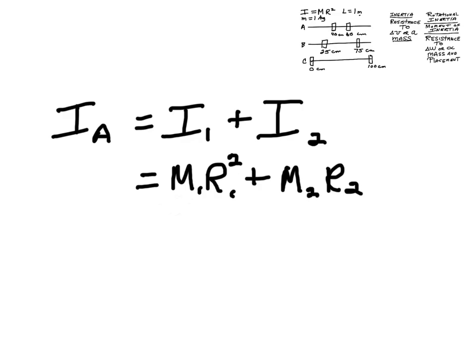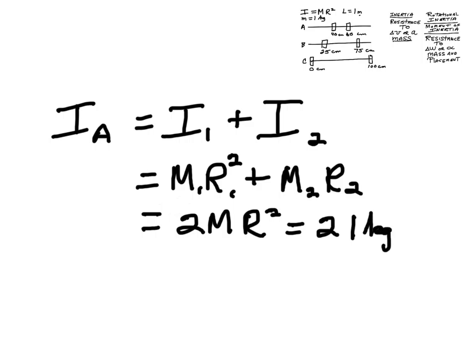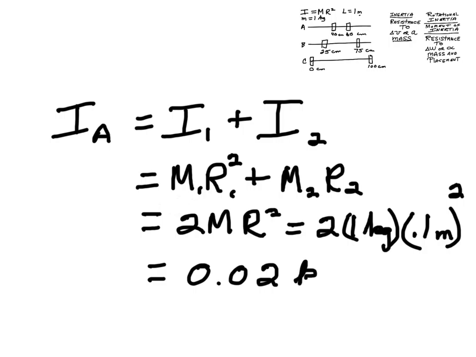But since the masses are the same and the distance is the same, we could just rewrite this as 2mr squared. That would be equal to 2 times the 1 kilogram for the mass, times the r. Notice the r in this situation is going to be 10 centimeters, so I'm going to put it in meters, 0.1 meters. That has to be squared, and so we end up with an IA, which is 0.02 kilogram meters squared.